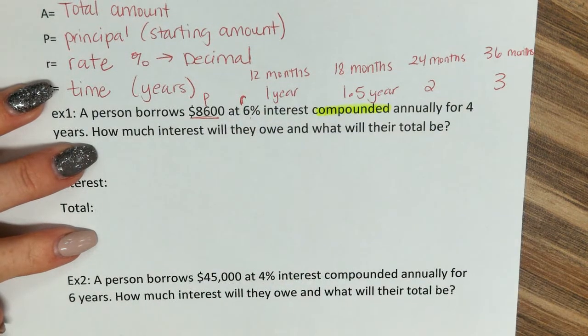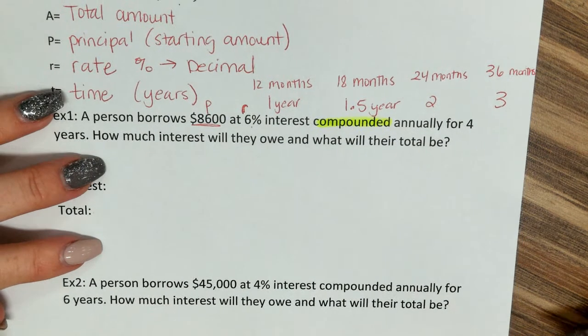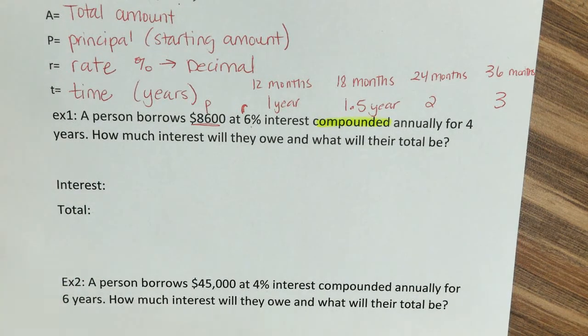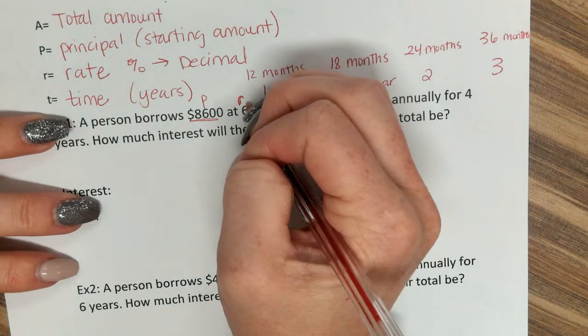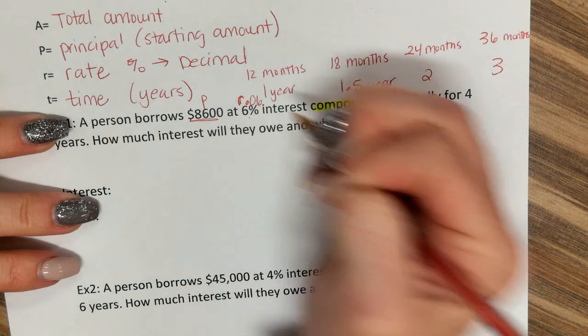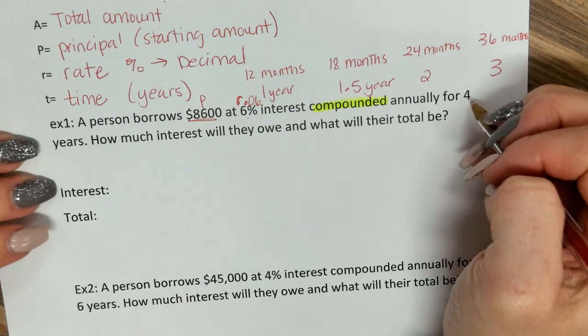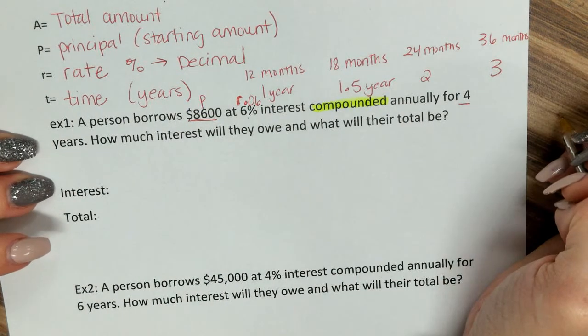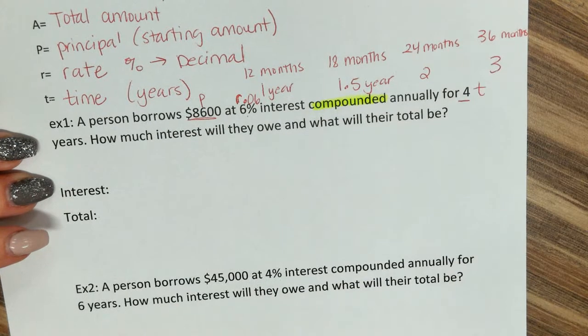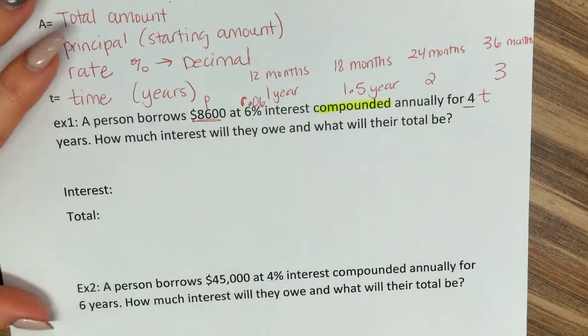How do I do that? Divide by 100. So put in 6 divided by 100 in your calculator. Everybody's paying attention. Put in 6 divided by 100, which is 0.06. And what is 4 years? The T.